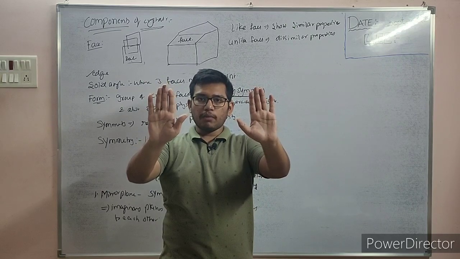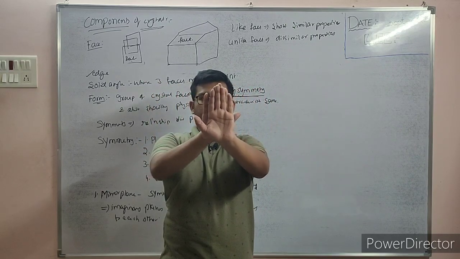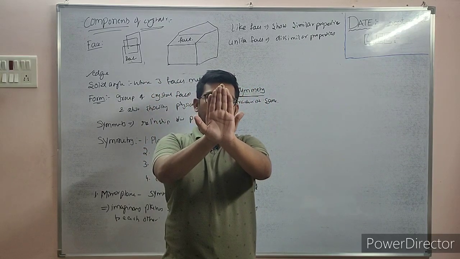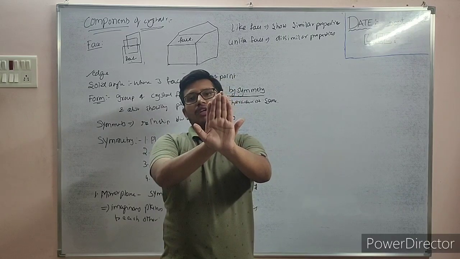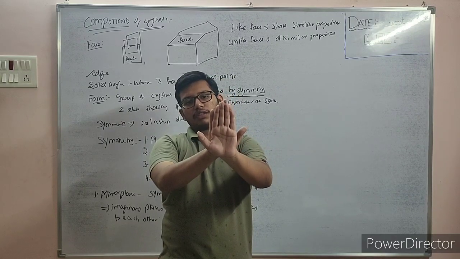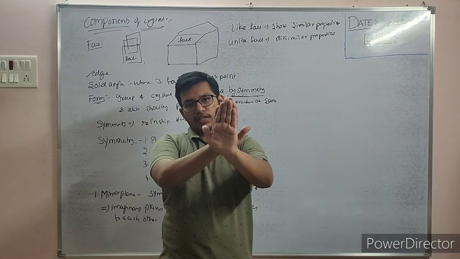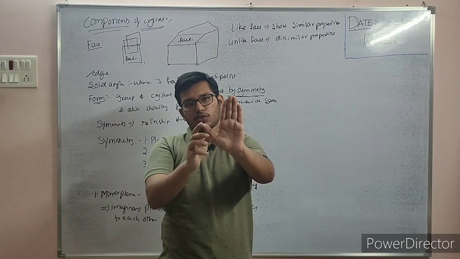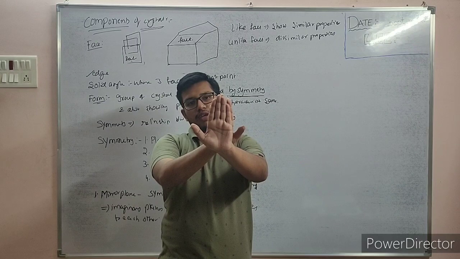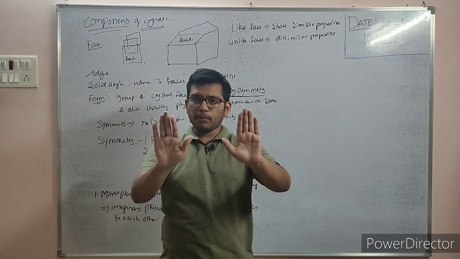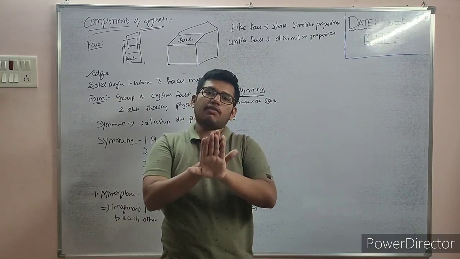Now if you superimpose these two hands, will it be the same or not? It is not, because you can see the difference. In this one the thumbnail is showing in this direction and in the other in that direction. So if you are superimposing, these are not the same faces.